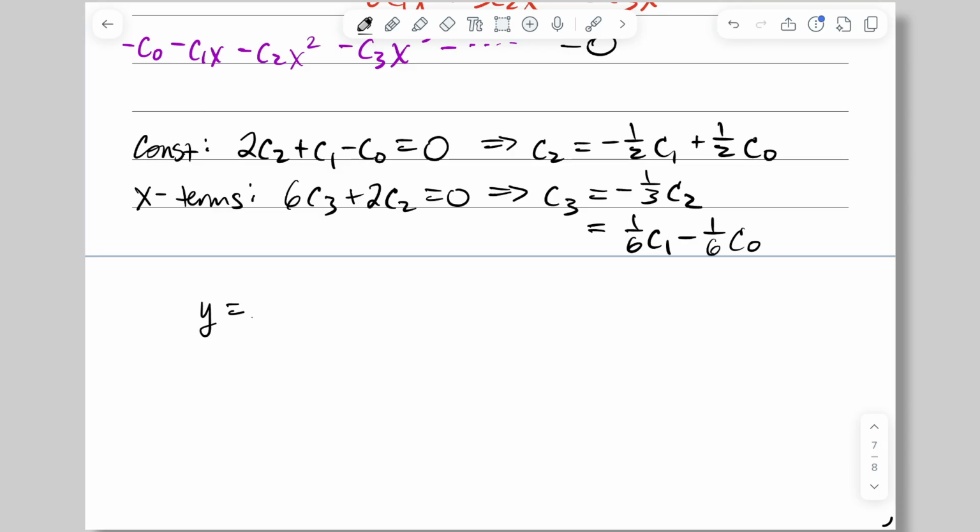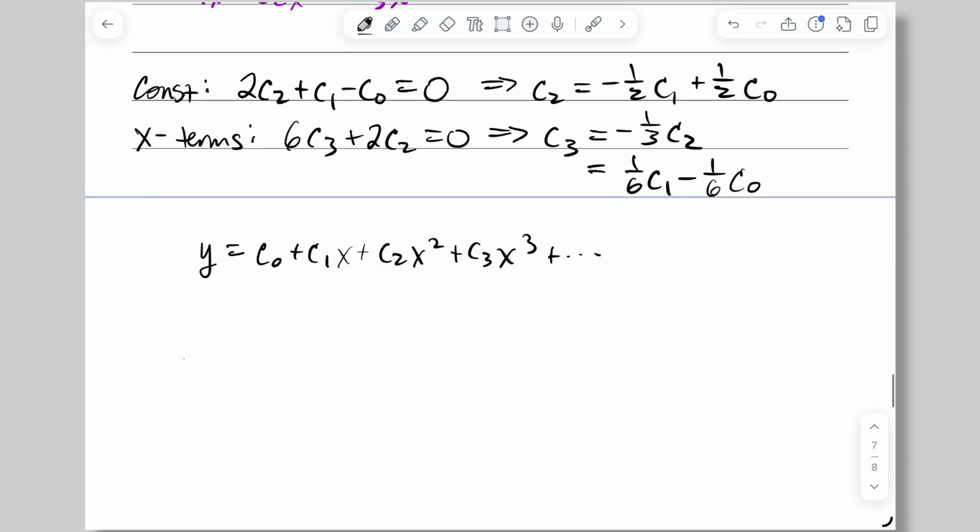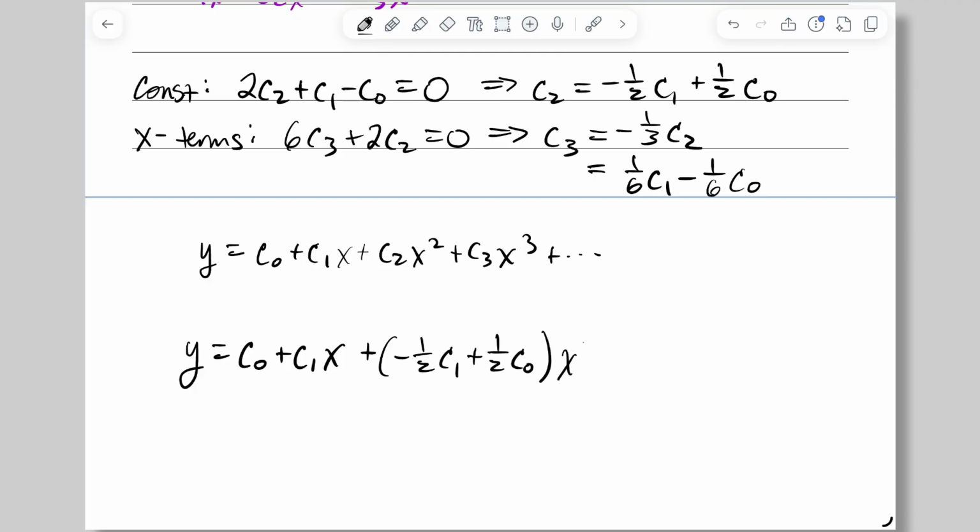Going back to y equals c0 plus c1x plus c2x squared plus c3x cubed and so on, we're going to get y equals c0 plus c1x. We get those for free. It's great. Plus c2x squared. Well, c2 is negative 1/2 c1 plus 1/2 c sub 0. So that quantity times x squared is our next term.